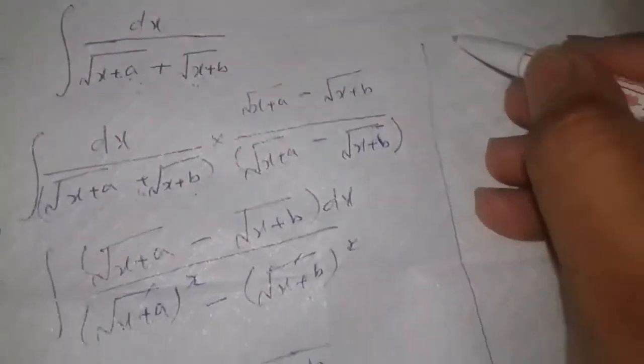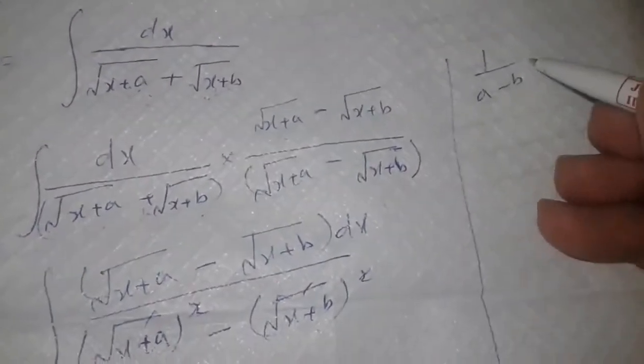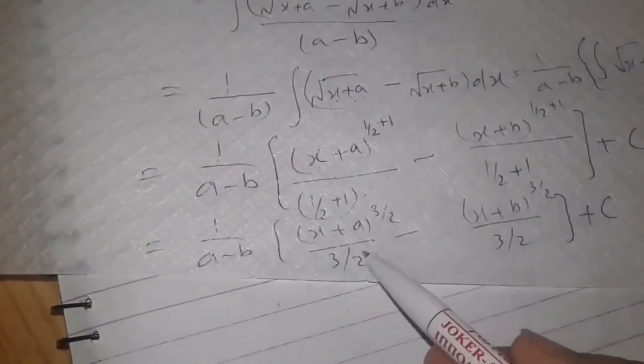Now we can write this new function as 1 over a minus b into, this is a double reciprocal, this one and this one.